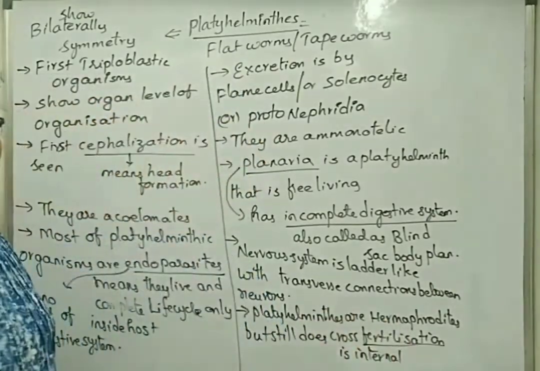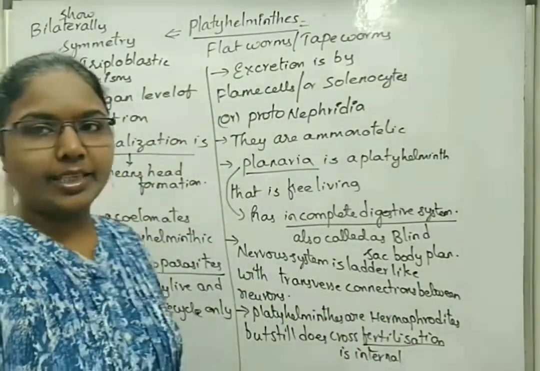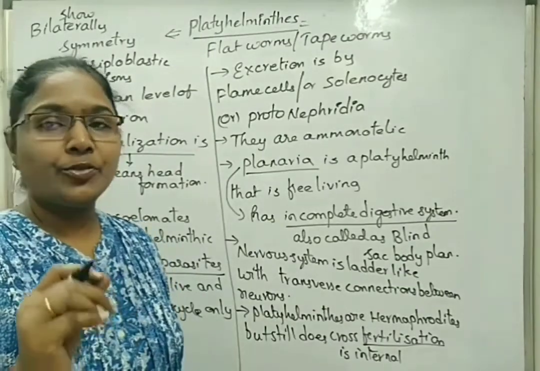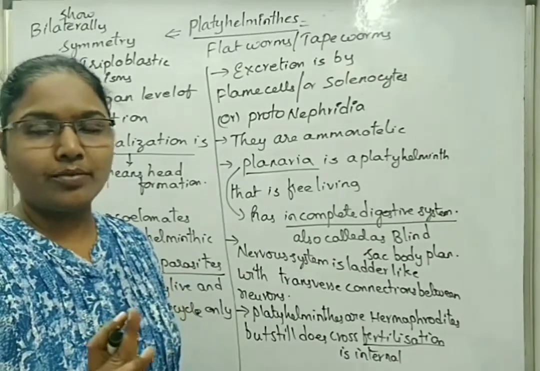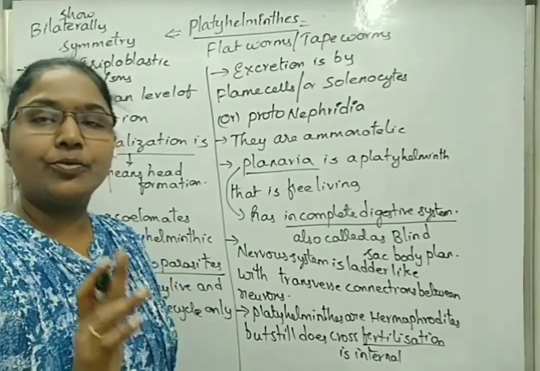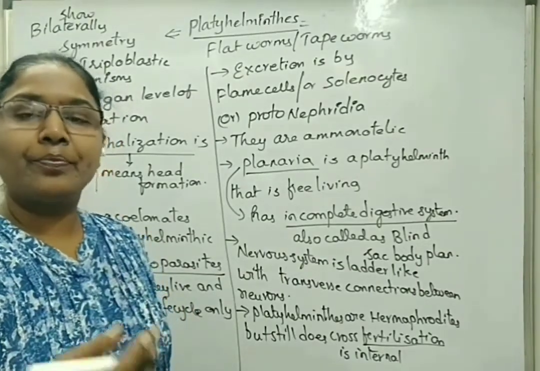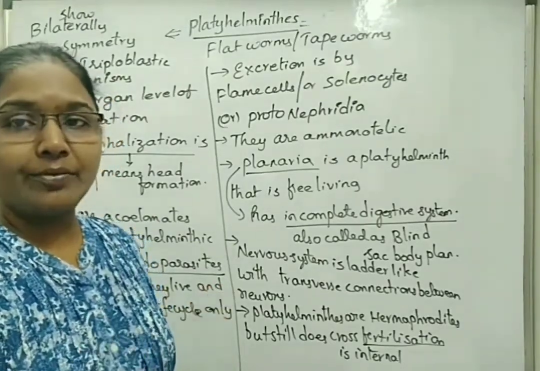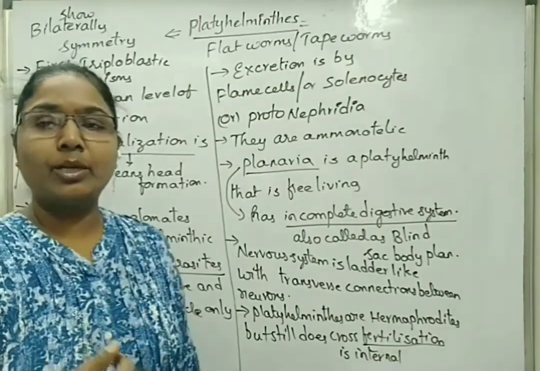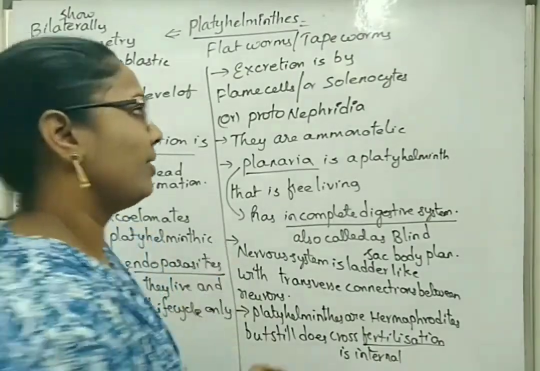Fertilization is internal. Development is both direct and indirect. In free-living planaria, development is direct, meaning no larval form is seen. But in tapeworms, there is indirect development, meaning larval forms are there, such as the oncospore larva.